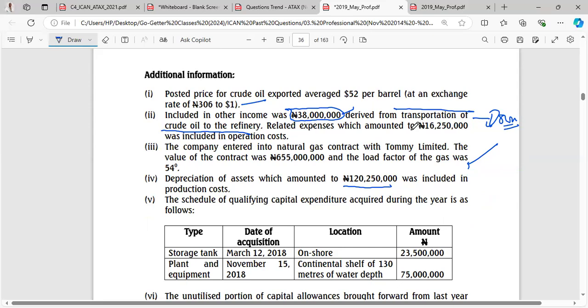We missed this. Related expenses which amounted to 16,250 was included in operation cost. So transportation of crude oil to the refinery, related expenses, 16,250. I'm so sorry about that omission. It's good that we saw it now.